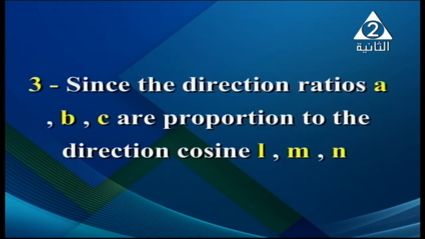Since the direction ratios A, B, C are proportional to the direction cosines l, m, n, we know that there is a proportion between A, B, C, the direction vector of a straight line, and the direction cosines l, m, n.